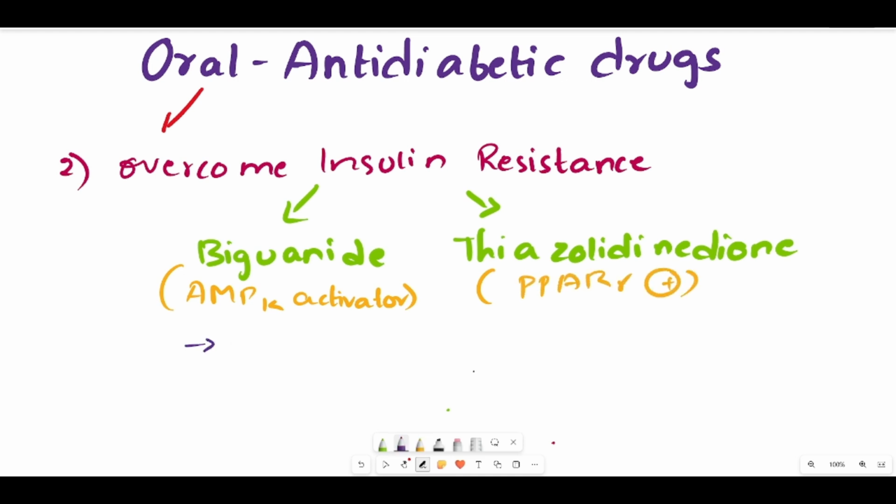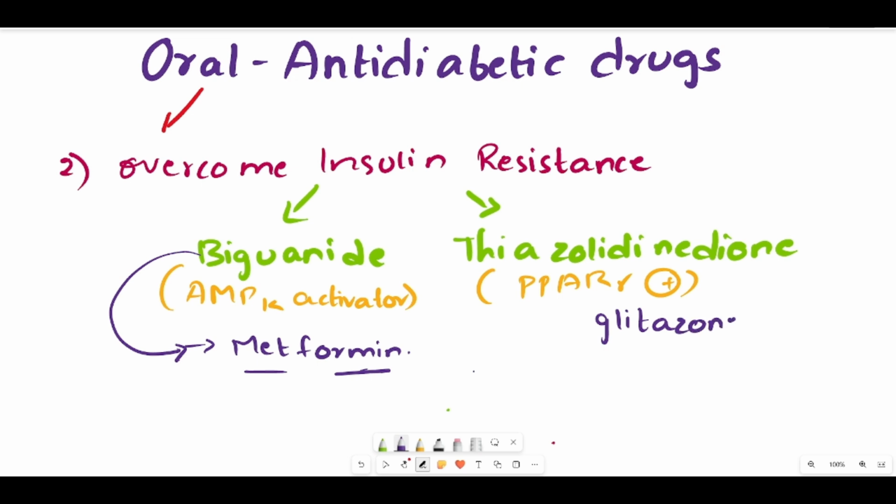In biguanides, there is only one single drug, which is metformin. Biguanides, metformin. In the thiazolidinediones, these drugs end with the term glitazone. The drugs are pioglitazone and rosiglitazone.